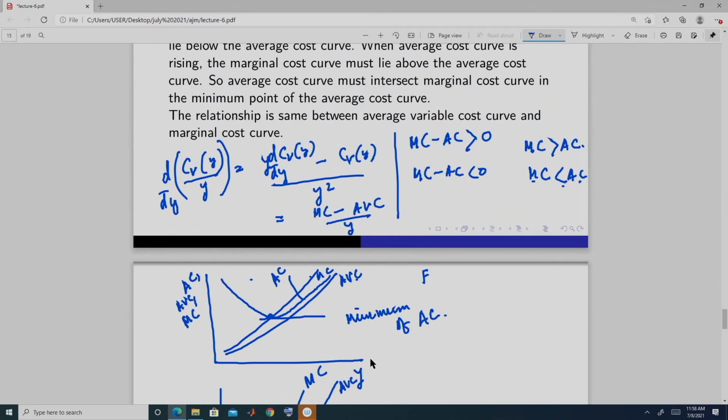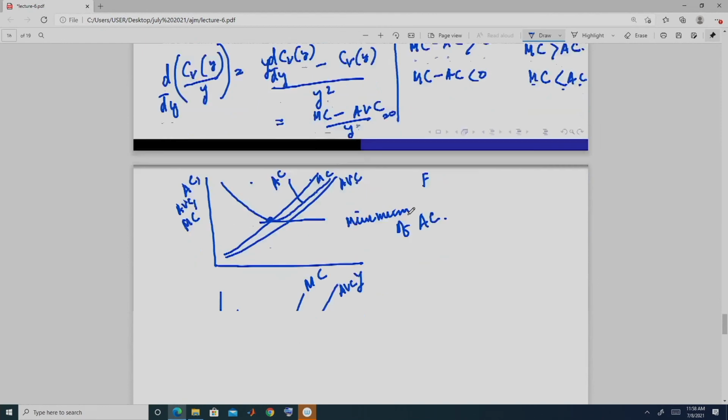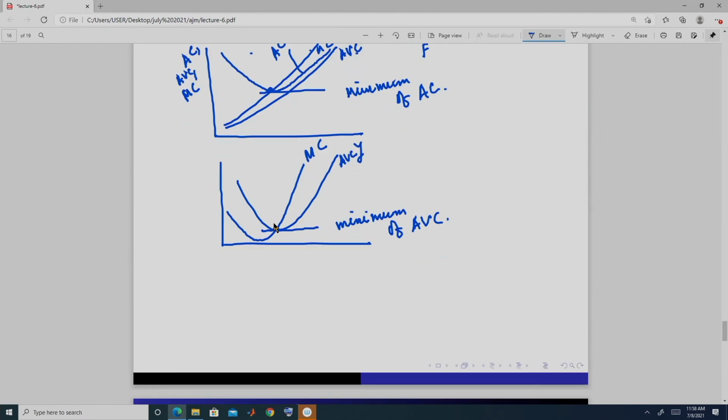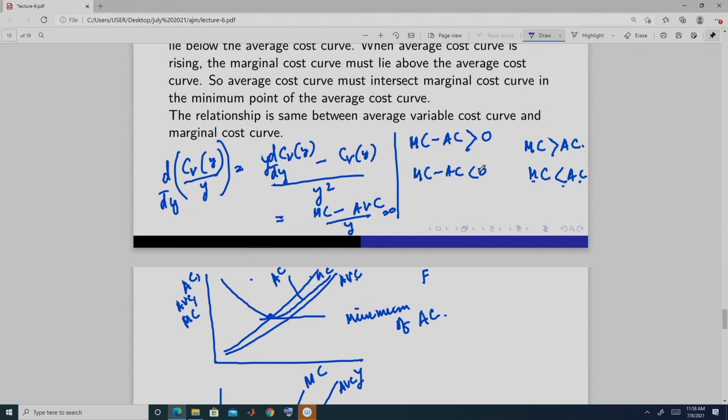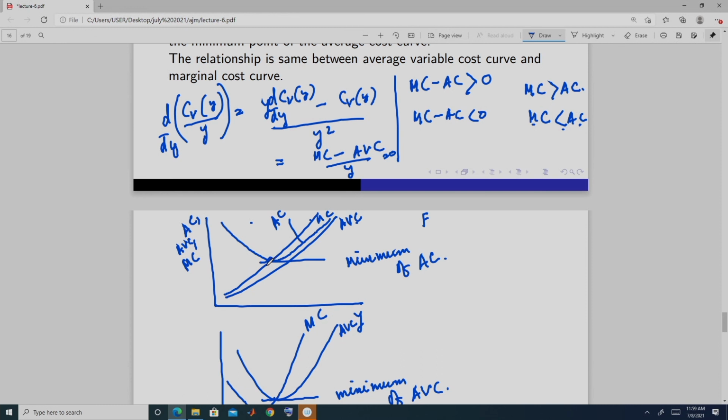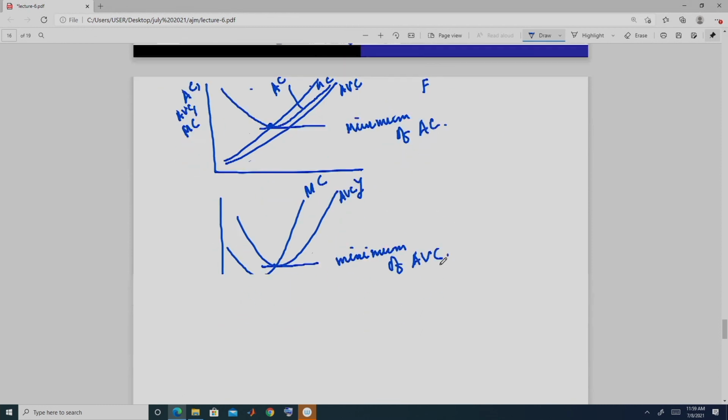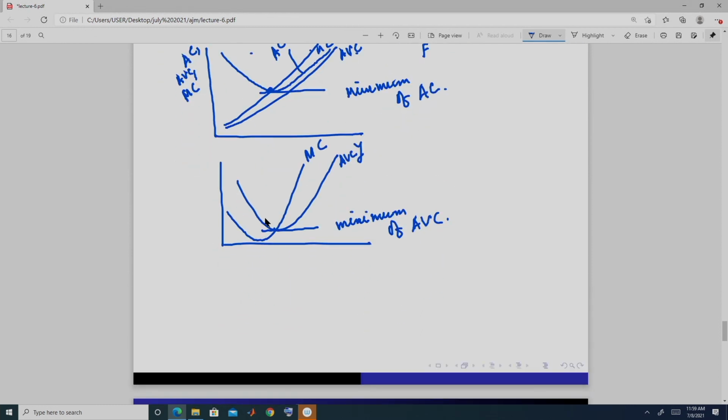Here this is equal to 0, so that is why at this point they should intersect, at the minimum. Slope is 0 here when these two are equal. So, when they intersect, it should intersect at the minimum of AC. In this situation the average cost curve is also going to be something like this, right.